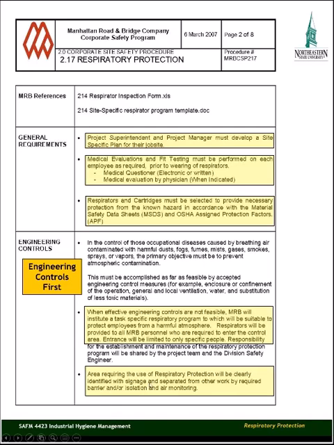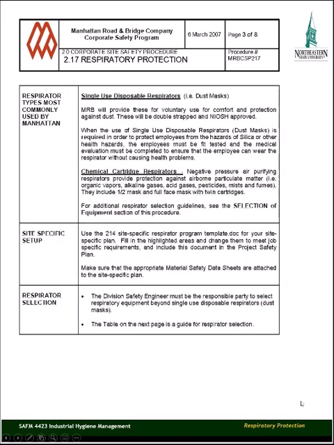Another requirement: areas requiring the use of respiratory protection will be clearly identified with signage and separated from other work by required barrier and/or isolation and air monitoring. Again, site-specific is very important.